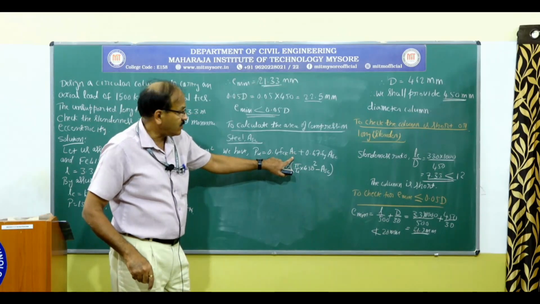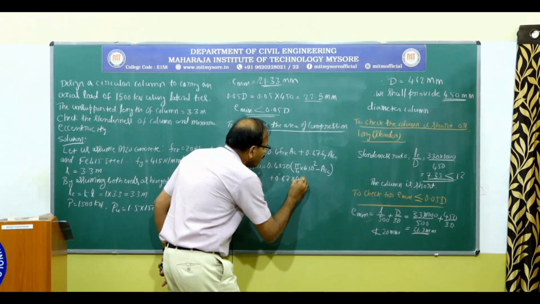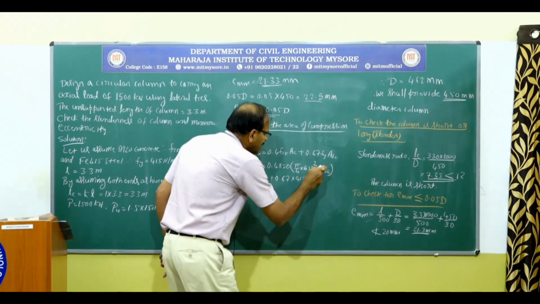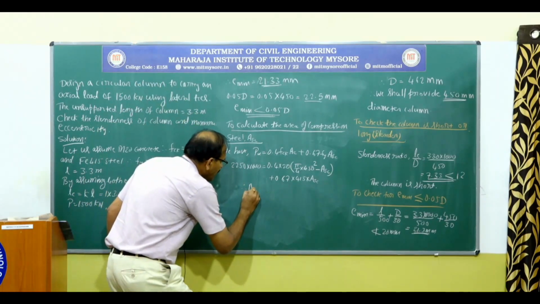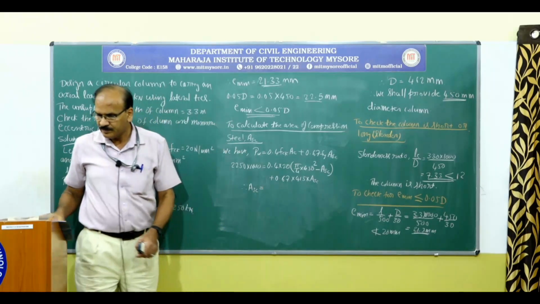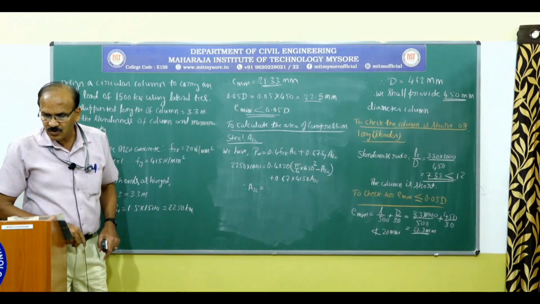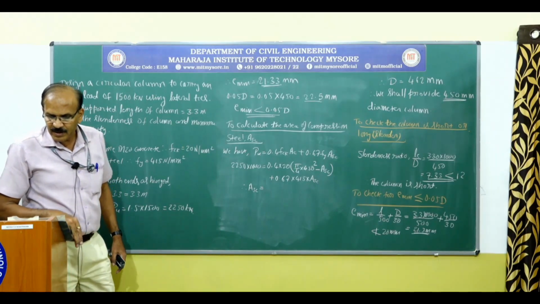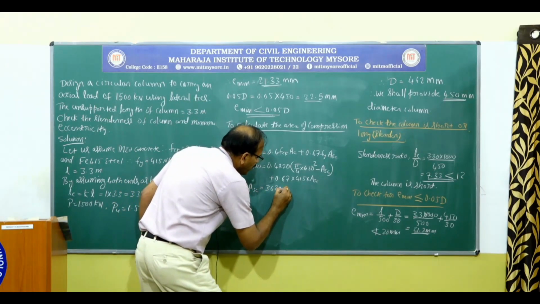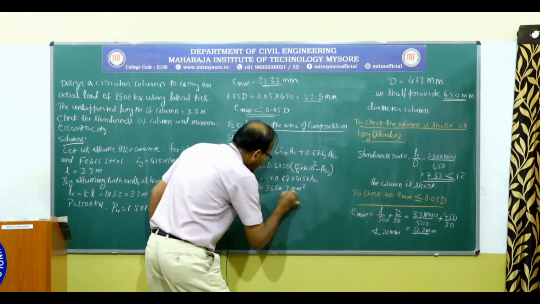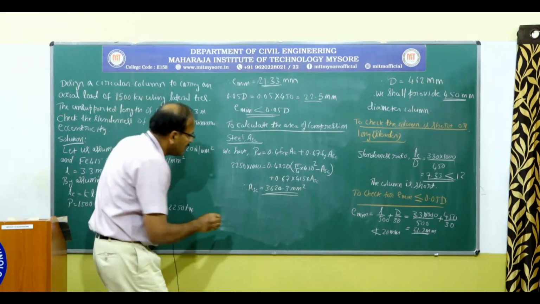So that's what AC is, plus 0.67 into 415 into ASC. If you look at this equation, ASC is the only unknown. Therefore, ASC equal to 3620.3 millimeter square.